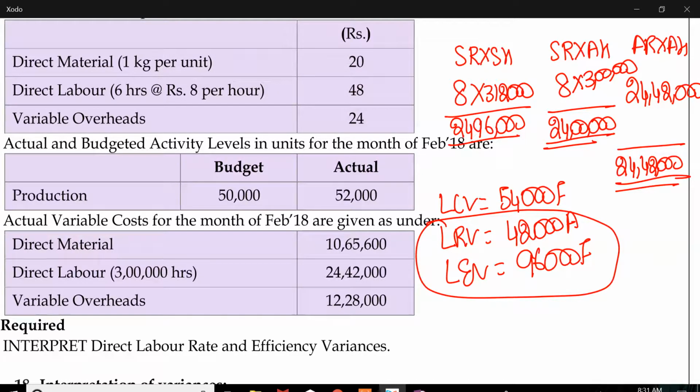Point number A. Company has paid incentives to its employees due to improved efficiency. Next point.